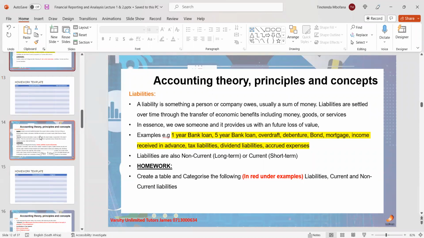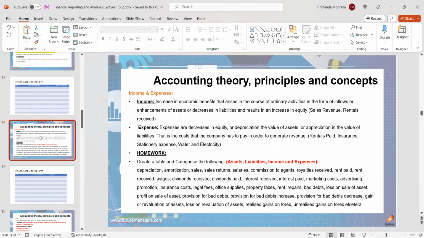So again, assets, liabilities. The next one is income and then expenses. So let's talk about both of them. Remember, we said an asset gives you future economic benefits. But when we are talking about income, we are saying that if there is an increase in economic benefit today, we highlight that as an income.